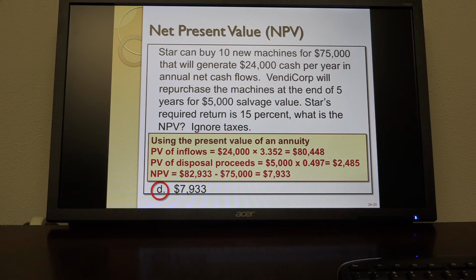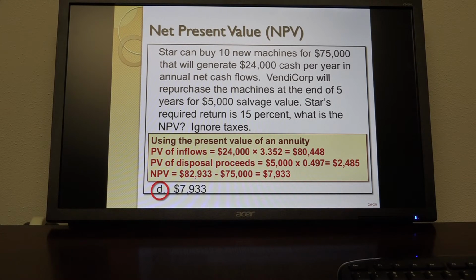Under the column 15%, at the 5th period, the 5th year, you see the number 3.352, which is what you see on the screen. So you're going to take the annual net cash flows, multiply them by 3.352 to come up with present value of inflows of $80,448.